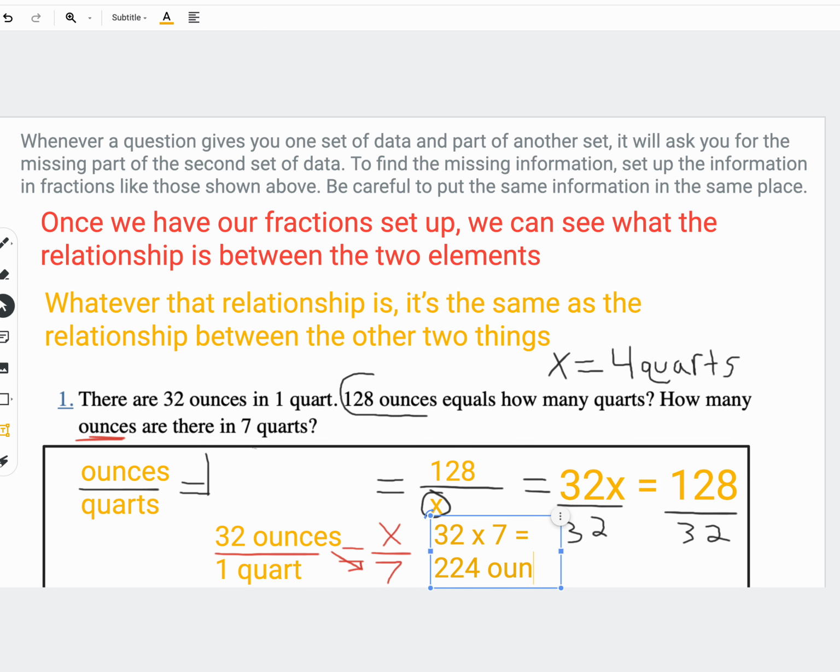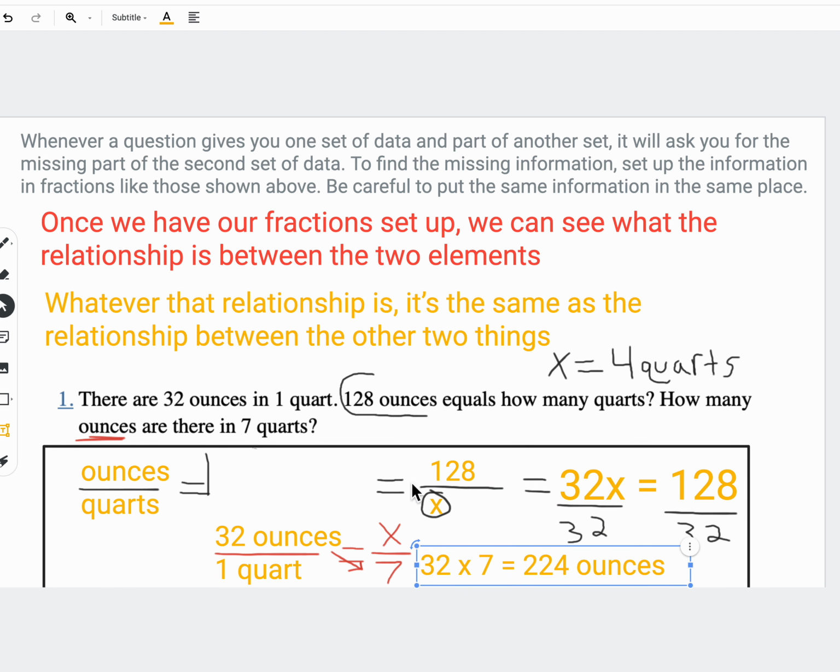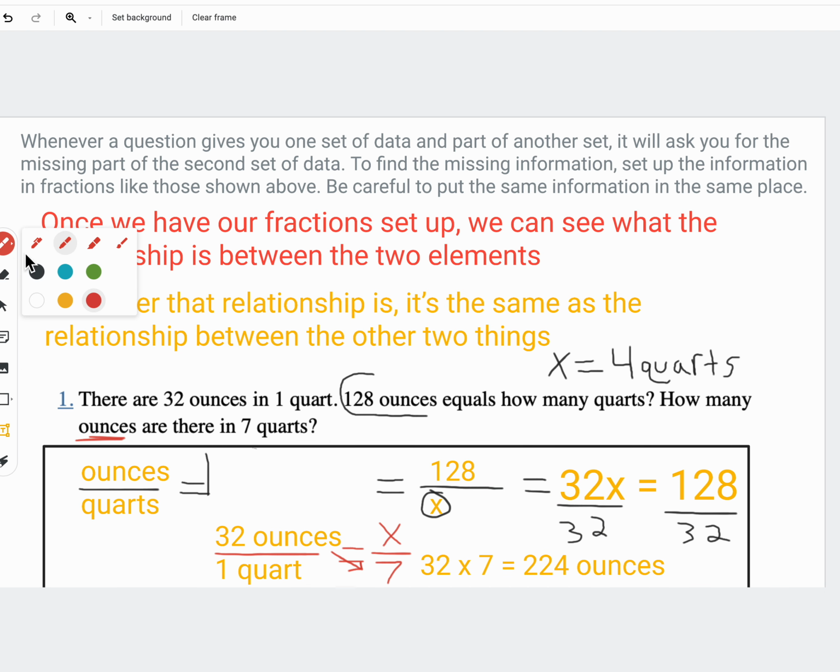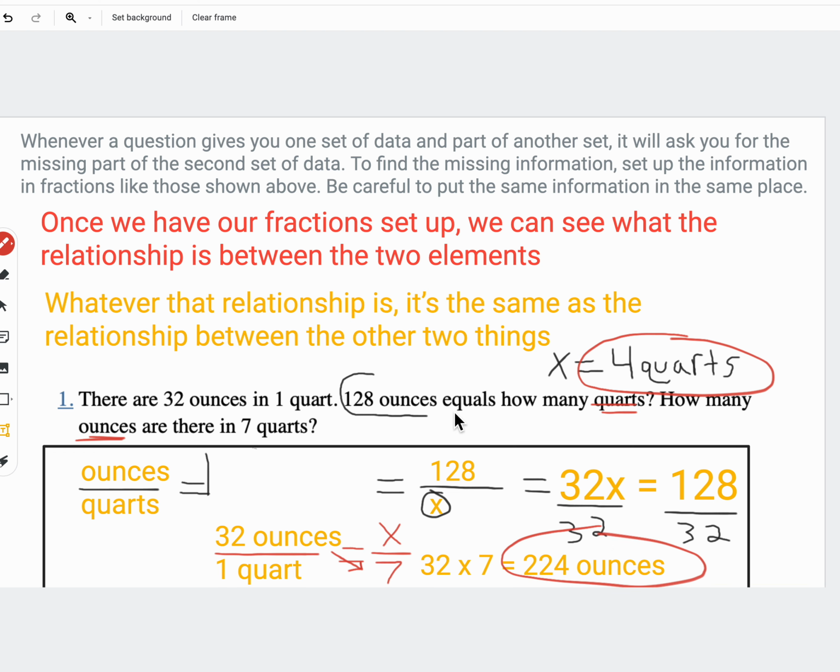There are 224 ounces in 7 quarts. The answer for the second part of the question is 224. So, 4 quarts, 224 ounces.